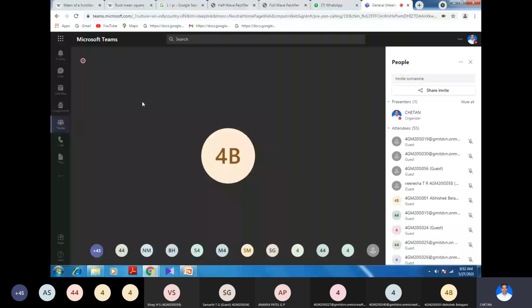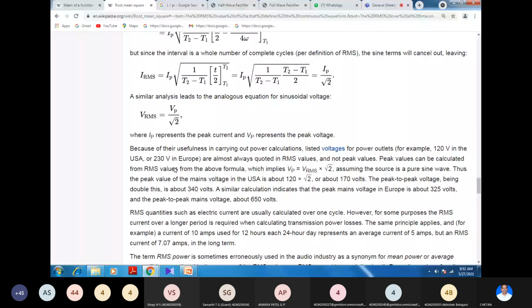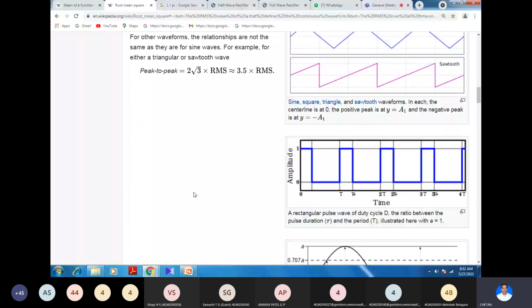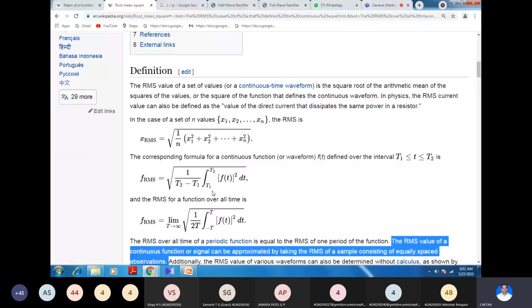So this is the way you can find the root mean square of a continuous function, and approximately you can find the RMS value of a continuous function by taking the RMS of a sample consisting of equal spaced observations.